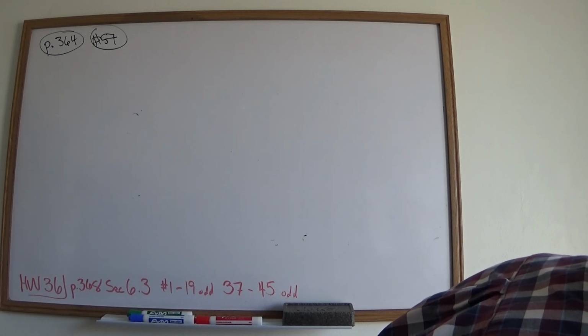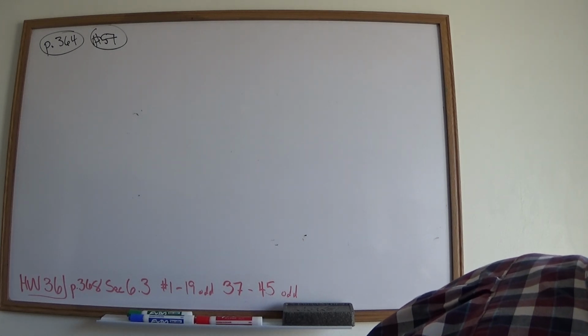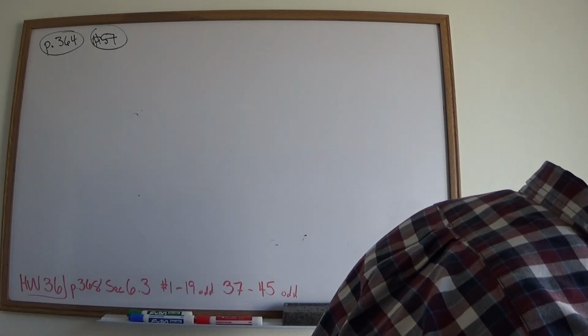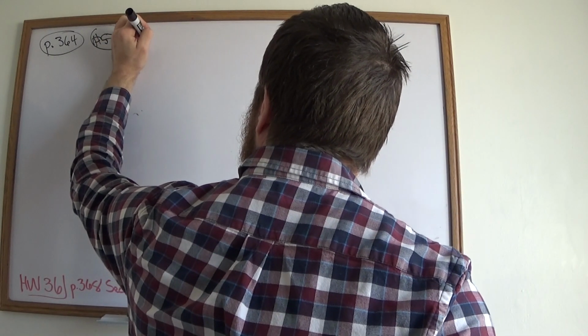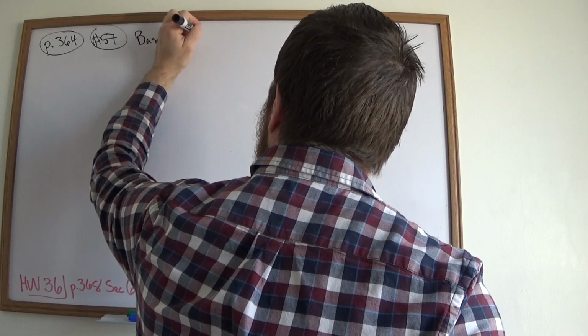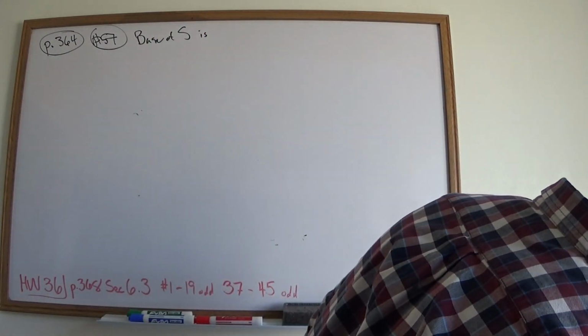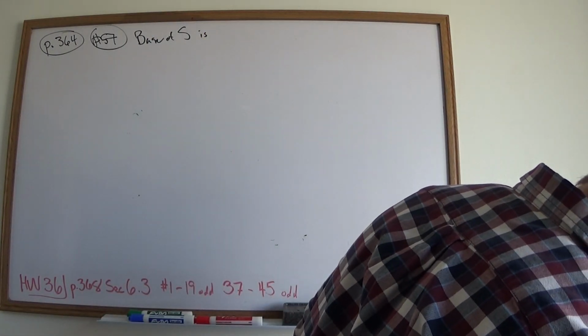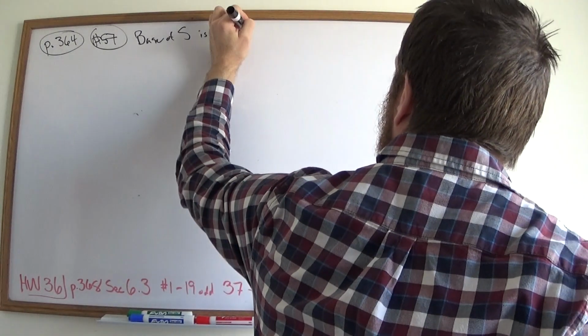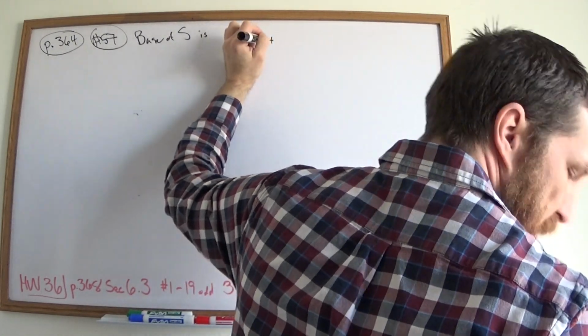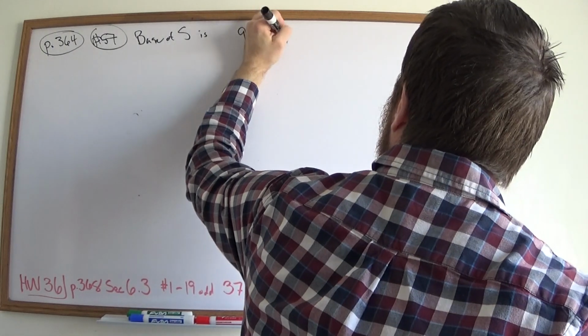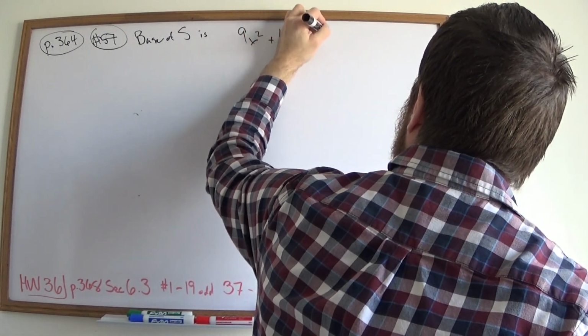Find the volume described by solid S. And it says the base of S is an elliptical region with boundary curve 9x squared plus 4y squared equals 36.